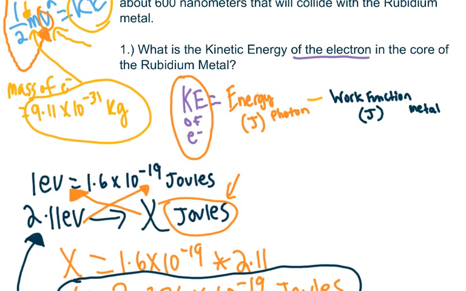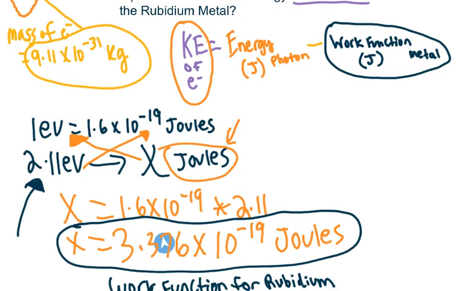So we have one third of the equation down. We have our work function, which we just calculated. Now, we're trying to find the kinetic energy of the electron, if it's freed or not. We don't know if it's freed. All we have to see now is if the energy of the photon is greater than this value right here, 3.376 times 10 to the negative 19 joules.